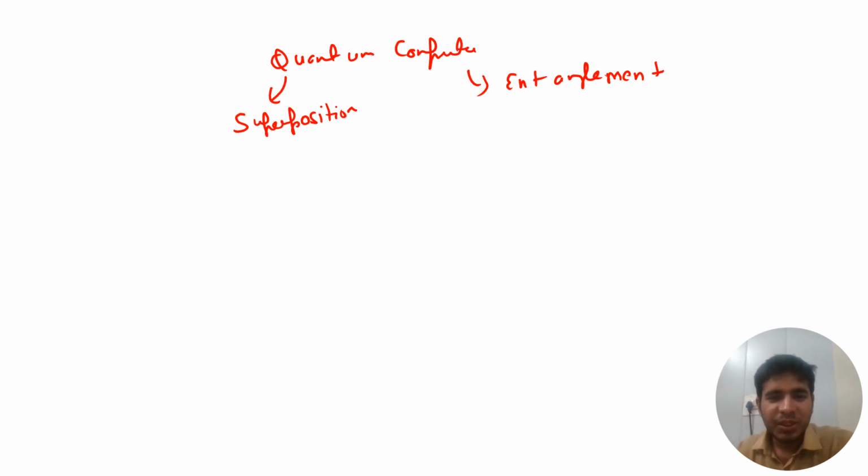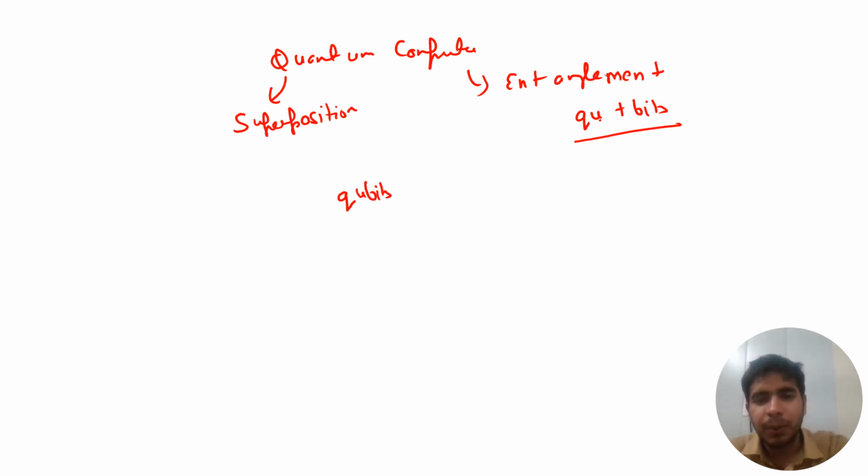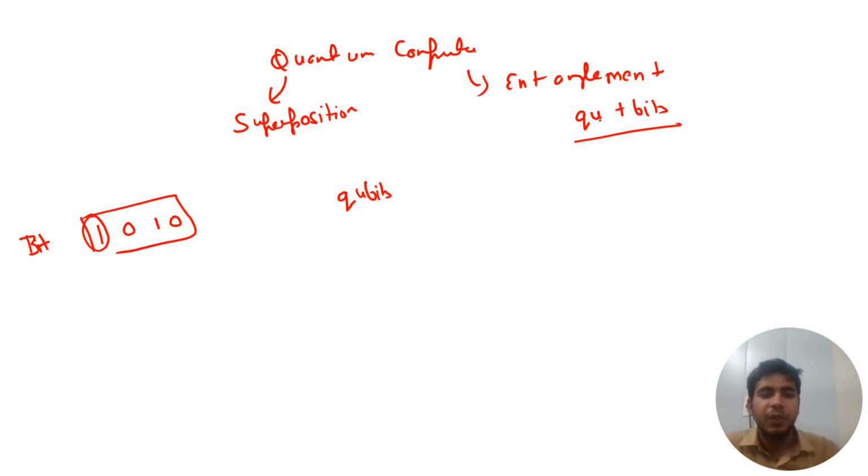Suppose we have a qubit. In a classical computer, we say bits. In a quantum computer, we say qubits. Q is for quantum. Suppose you have a bit, like in binary, 1010. Every bit represents only one specific state.